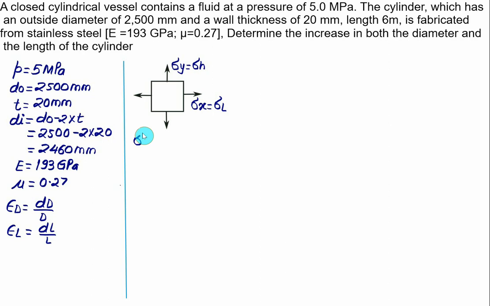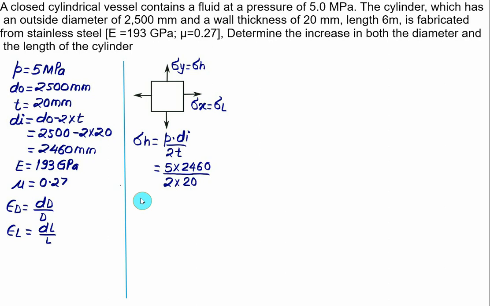So we have hoop stress sigma h equal to pressure multiplied by internal diameter DI divided by 2 times thickness T. Pressure is equal to 5 megapascal, internal diameter is equal to 2460, divided by 2 times thickness, so 2 times 20.